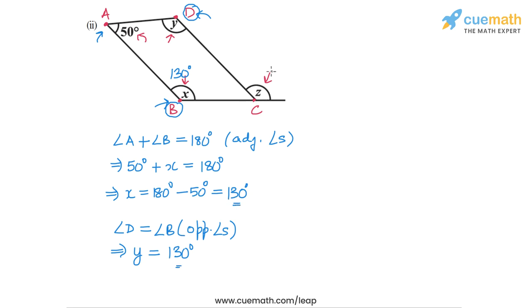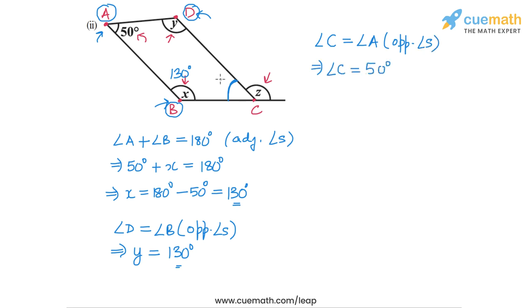Now what about z? There are two ways to calculate z. You can first calculate the interior angle at C. So the interior angle at C will be equal to the angle at A because they are opposite interior angles. So we can write angle C is equal to angle A because they are opposite angles, and this means that the interior angle C is equal to 50 degrees.